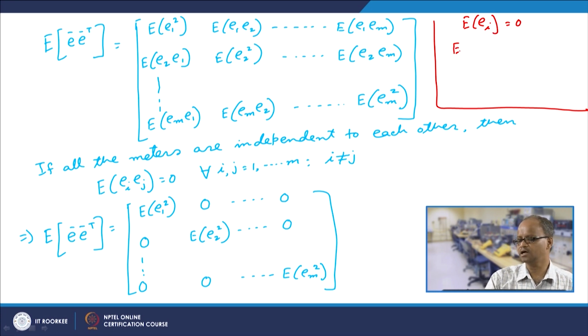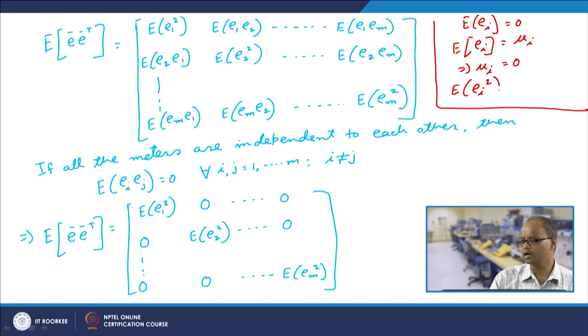So, if this mean is 0, then e_i square is nothing but the variance. So, this expected value of e_i square is nothing but the variance. Therefore, the expected value of E E transpose is nothing but a diagonal matrix with sigma 1 square, sigma 2 square, up to sigma m square on the diagonal, and zeros elsewhere.